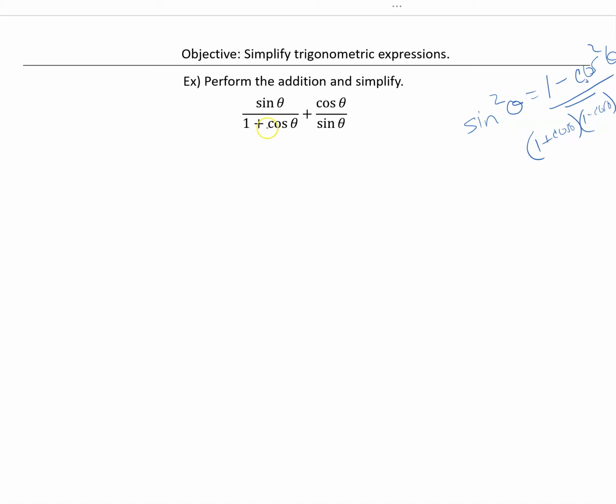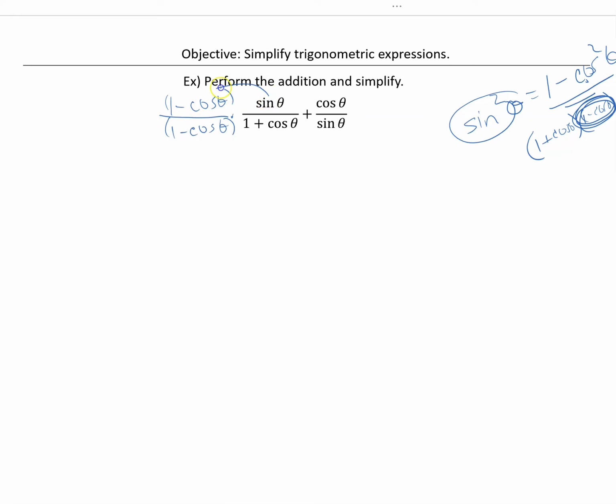And we have a 1 plus cosine. So we can actually create sine squared theta by using a ratio of 1 made out of 1 minus cosine theta. So we would actually take this and multiply 1 minus cosine theta over 1 minus cosine theta.